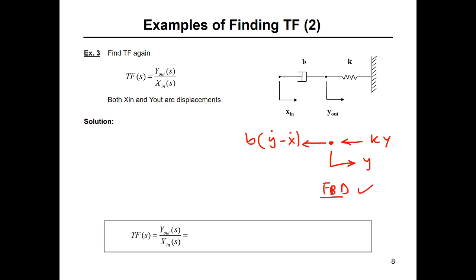Why don't we take a free body diagram here? Because this is a free end. There is no force, no mass, a free end. There is no equation of motion. Okay, all right. So take the equation of motion: summation of forces equals mass times acceleration. Where is the positive direction of force? Here. Positive. So this is going to be minus b (y dot minus x dot) minus k y equals m y double dot.